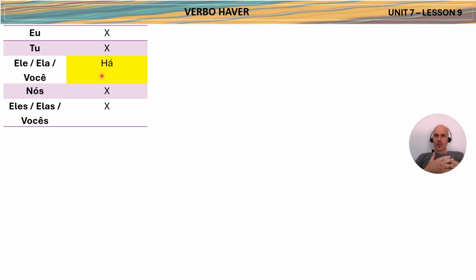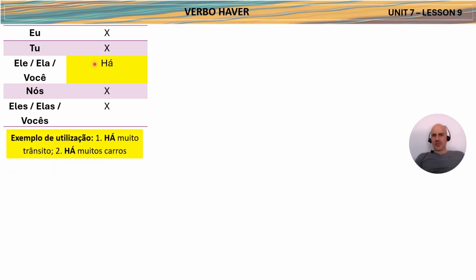Every time we have a word that starts with an H in Portuguese, that H is completely silent. Don't forget that. So once again, maybe 90% of the cases when you see this word in a Portuguese text, it's because they are using this word, há, as there is or there are.